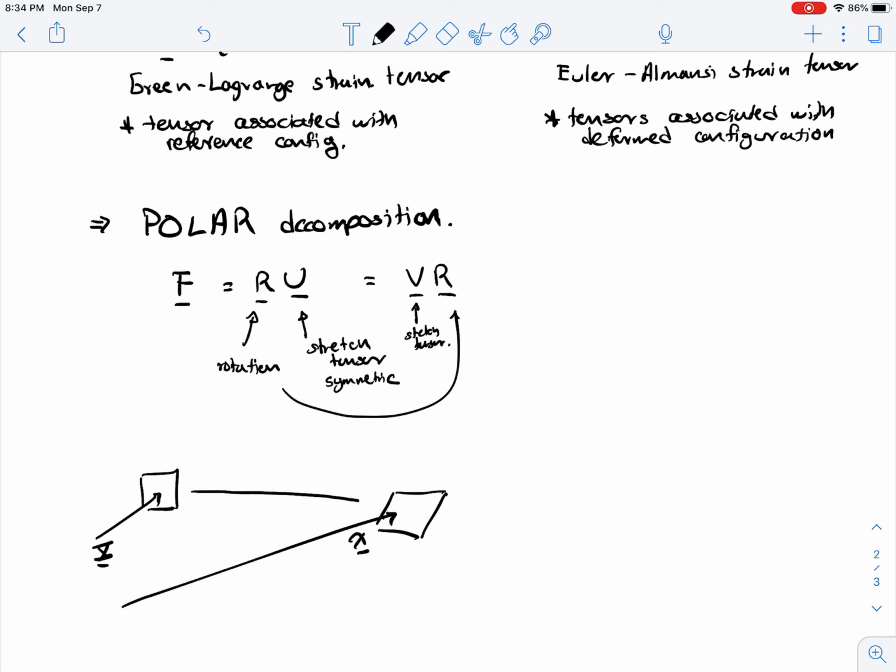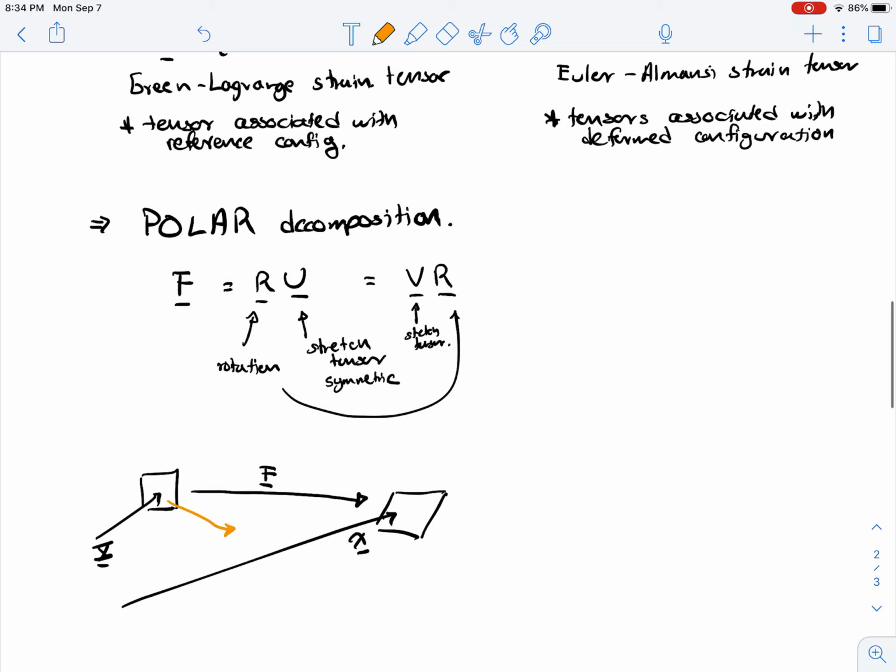Well, it's no longer a square, but it's deformed. And then how do we get from here to here? Obviously, F is what takes us between these two little quadrilaterals, but there are different ways of getting there.